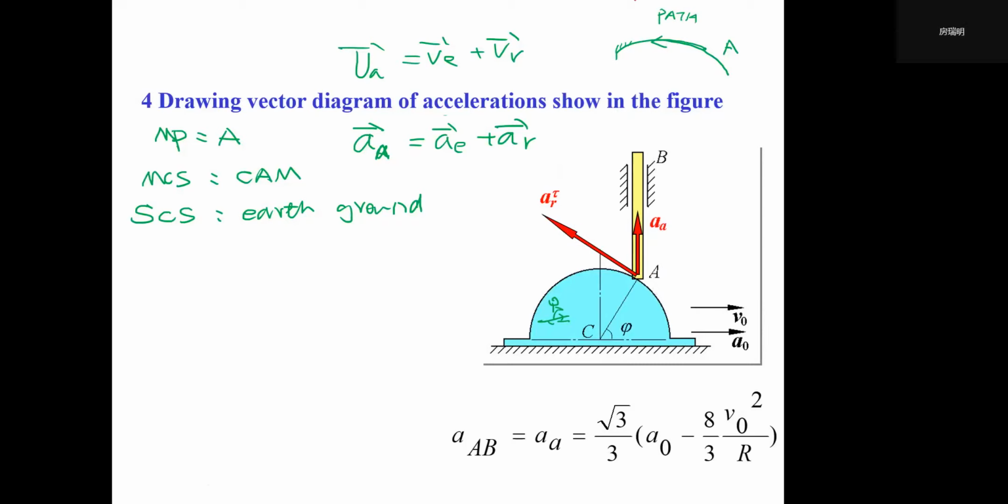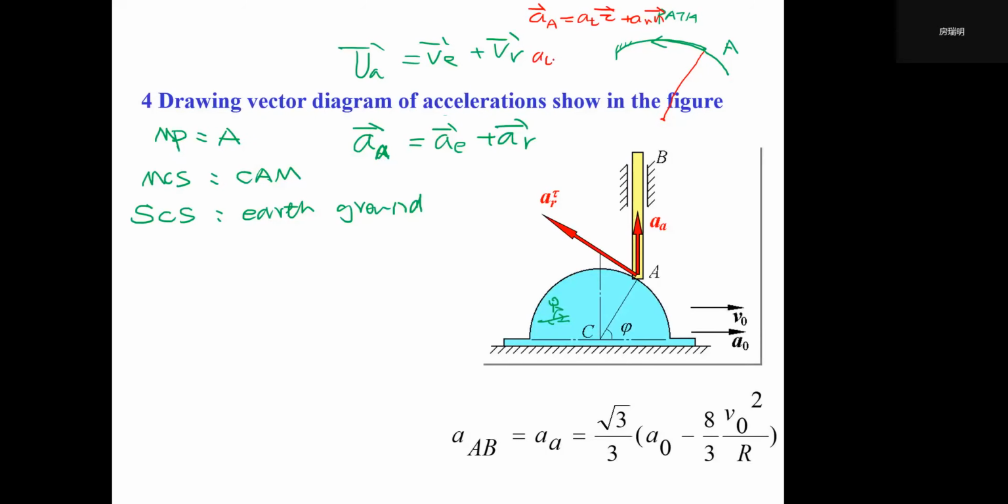Do you still remember? At this position, its curve center is here. So AA equals a tau along the tau direction and an along the n direction. Do you still remember?